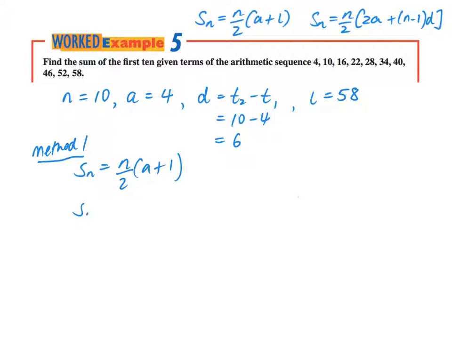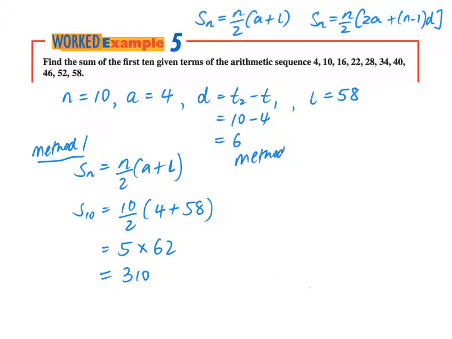N is equal to 10. It will be 10 divided by 2, and A is equal to 4 plus, this is an L, 58. Okay, so from here, this is 5 times 62, and this gives us a final sum of 310.